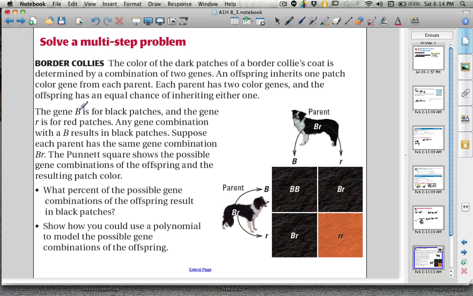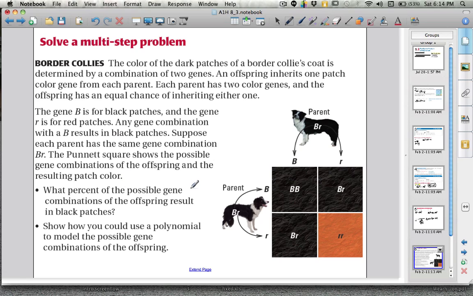You've got B for black patches and R for red patches. When we have B and R in this parent and B and R in that parent, we get the same sort of square of a binomial as our possibility here. Supposing that each parent has the same gene combination BR, this little graphic arrangement, called a Punnett square, shows the possible gene combinations of the offspring and the resulting patch color.